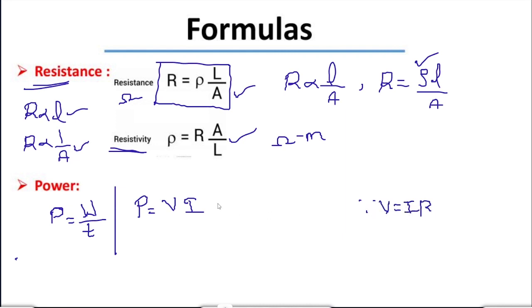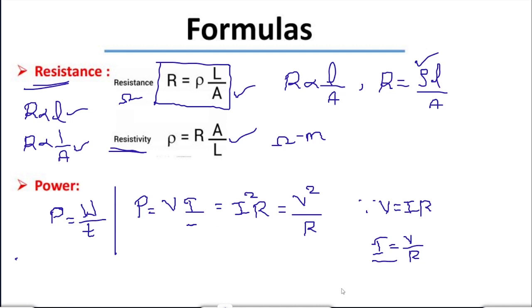So if I substitute this here, at the place of V I'm writing IR, then it will be I square R, right? But I can also write I is equals to V by R, right? So I am substituting this I here, then I can also get V square by R, right? So there are these many forms to find the power of a circuit.